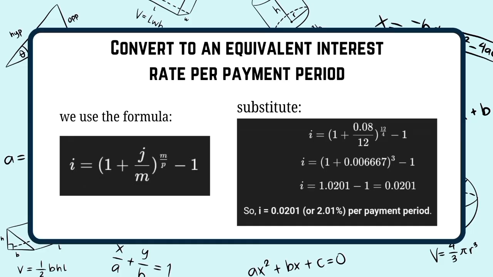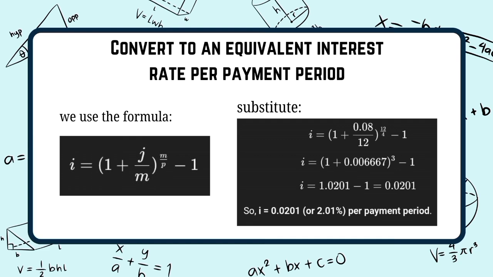So we substitute: i equals open parenthesis 1 plus 0.08 over 12 close parenthesis raised to 12 over 4, minus 1. 0.08 divided by 12 becomes 0.006667, and 12 divided by 4 becomes 3, minus 1.